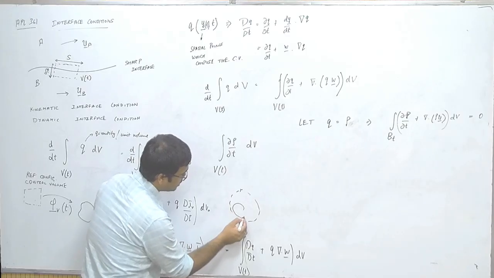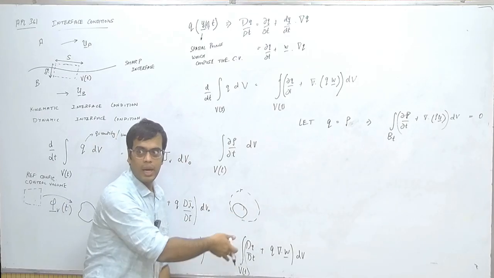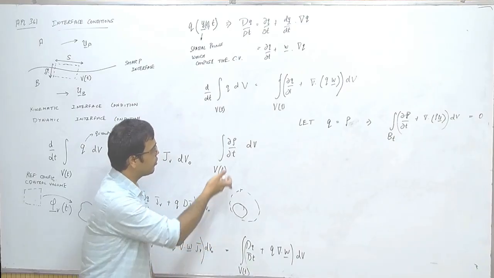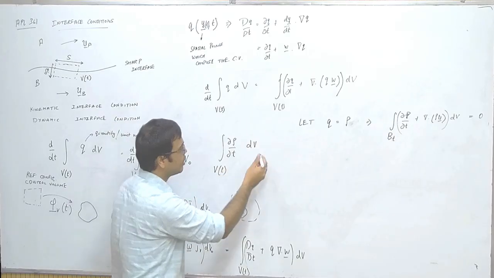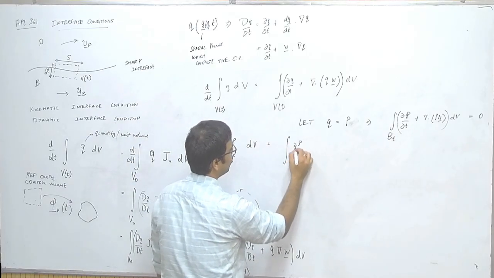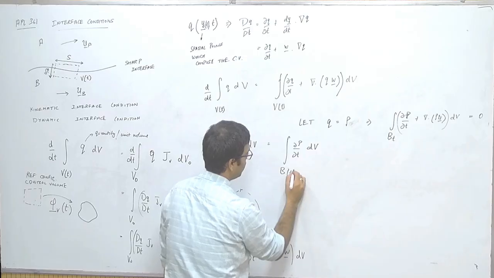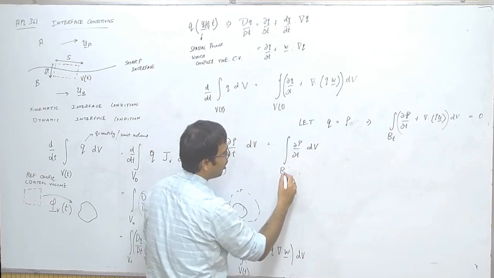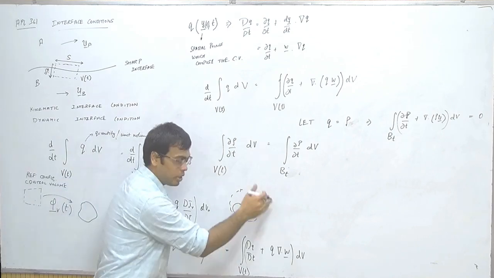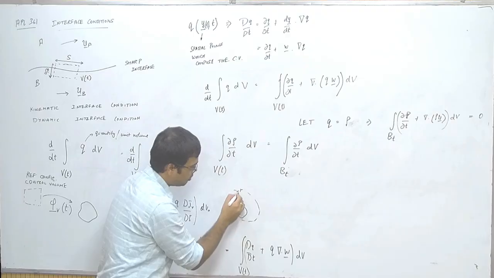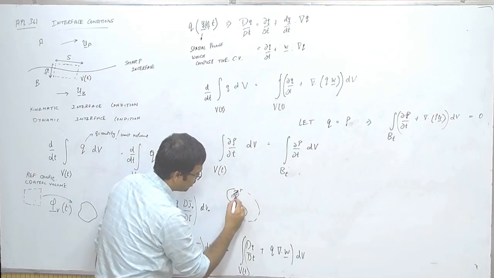Because if the blob is something like this and there is no fluid outside the blob, then of course there is no rho outside the blob, and this integration would eventually become equal to del rho by del t dV over B of t, where B of t is the fluid blob that is inside the control volume. It may not be occupying the whole control volume, it may be occupying some part of it like this, then this integration would be over this blob, that is it.